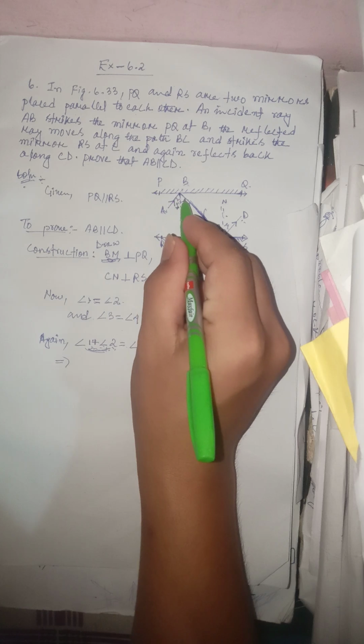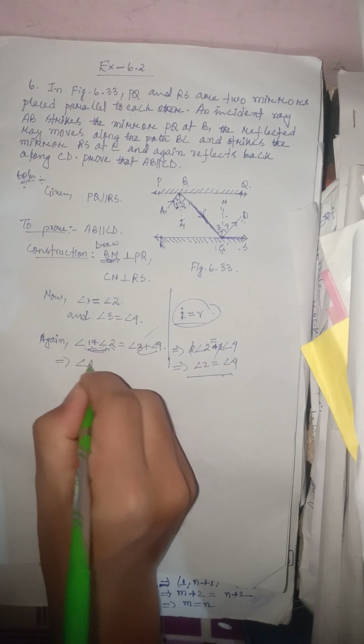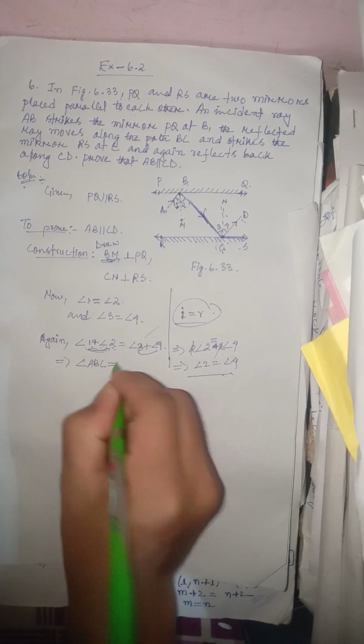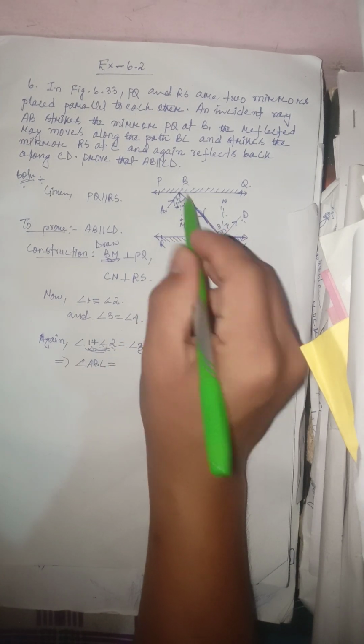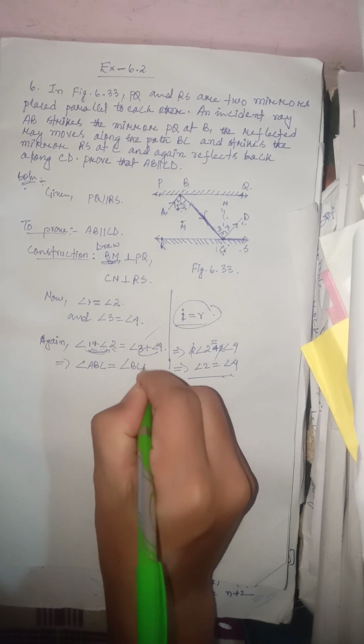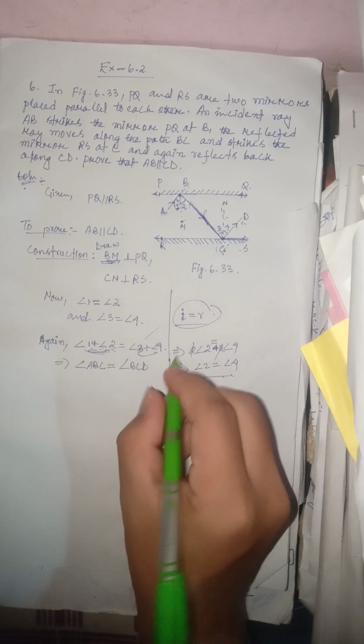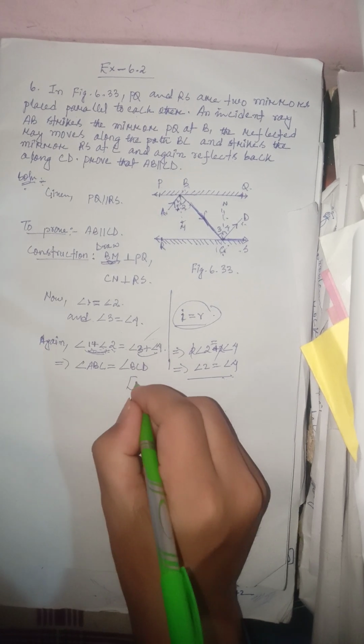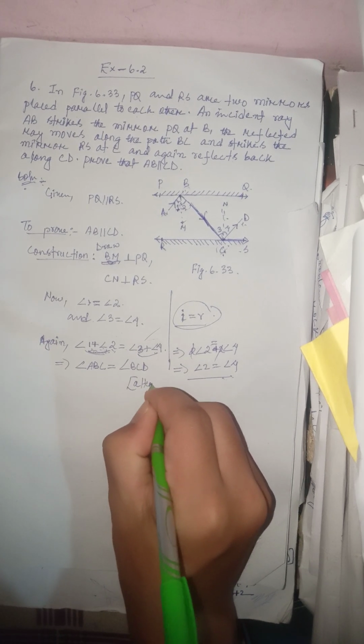What is the combined angle for this? It is angle ABC. Angle ABC is equal to angle BCD, which is the sum of angle 3 plus angle 4. Why are these two angles equal? It is because of alternate interior angles.